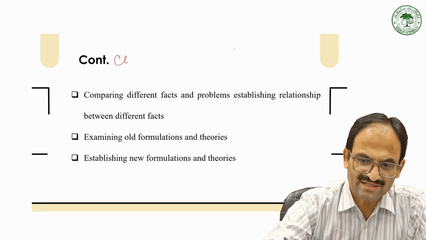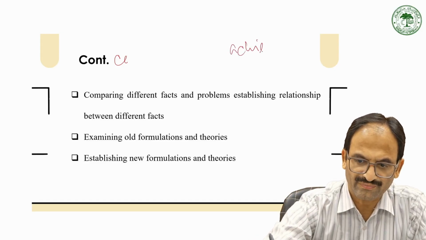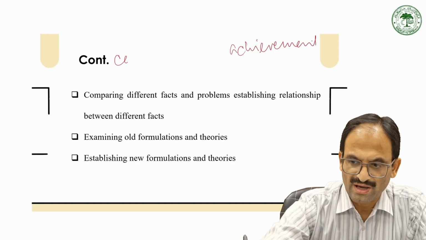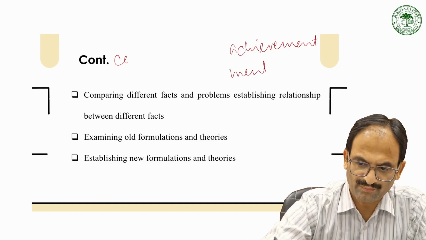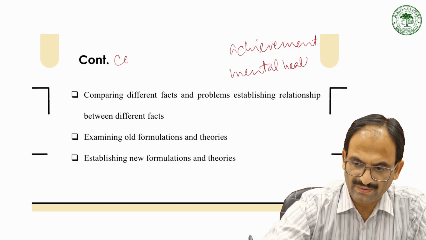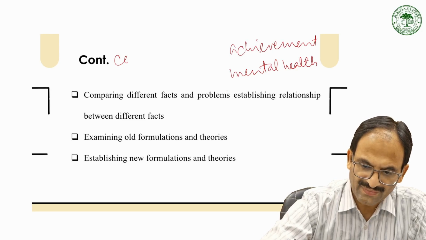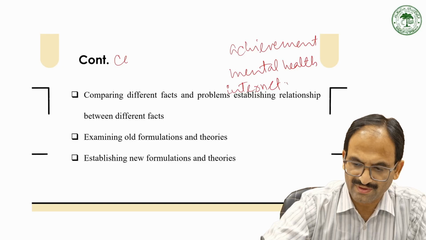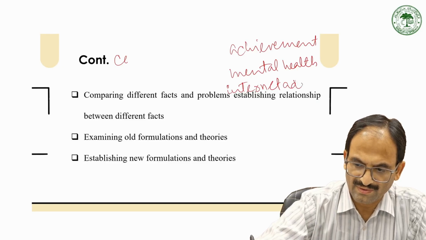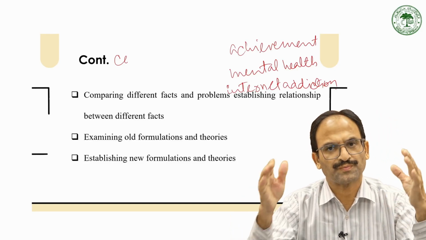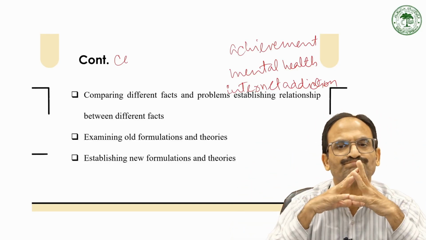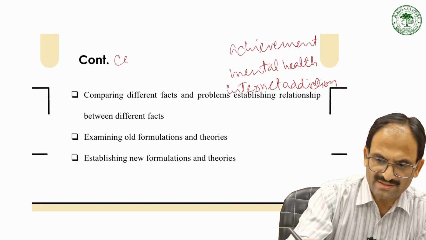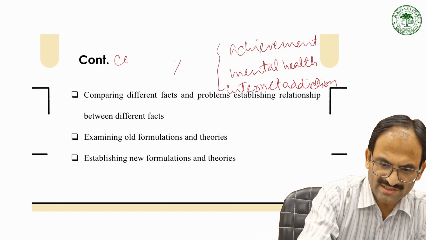I studied achievement, I studied their mental health, and I studied their internet addiction, mobile phone addiction. I collected the data, and this study was conducted on class 10th students.